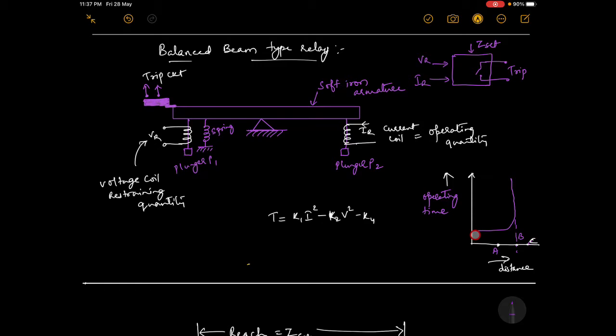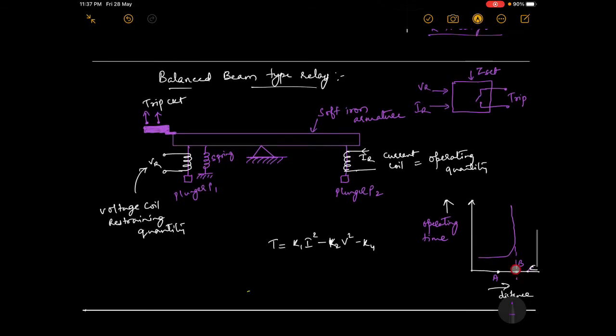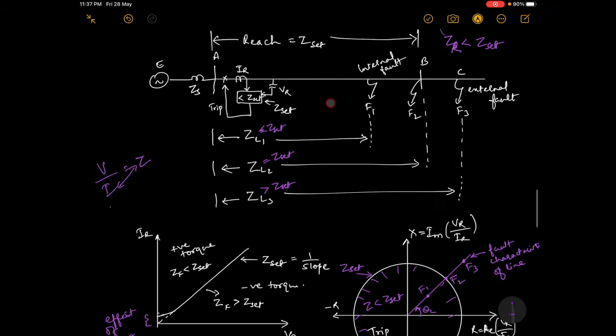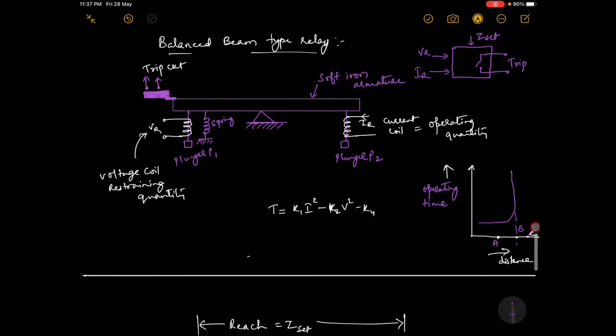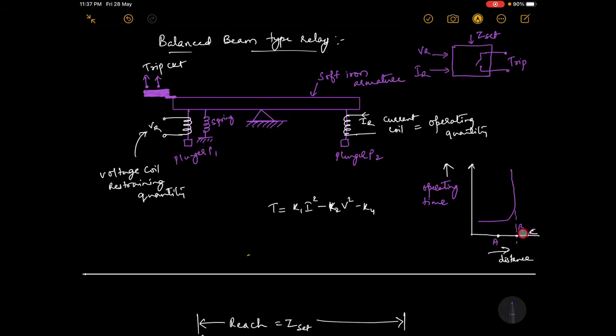In the balanced beam type relay, it will operate instantaneously if the fault is within that zone or within that specified distance. If the specified distance is point B, up to there it will operate instantly, and after point B it does not operate.